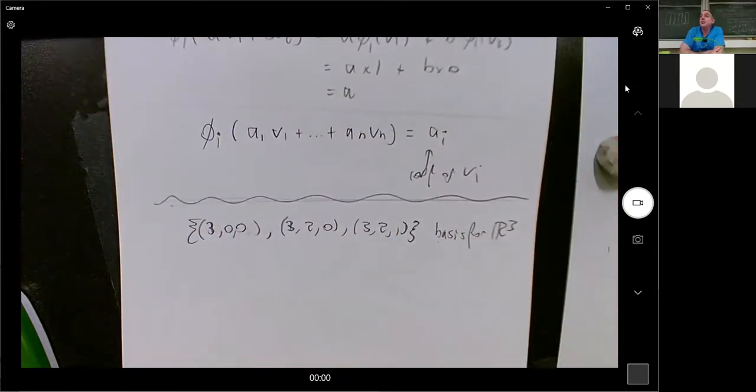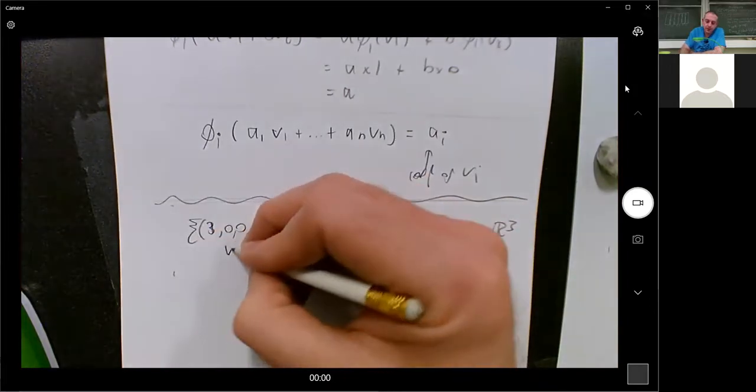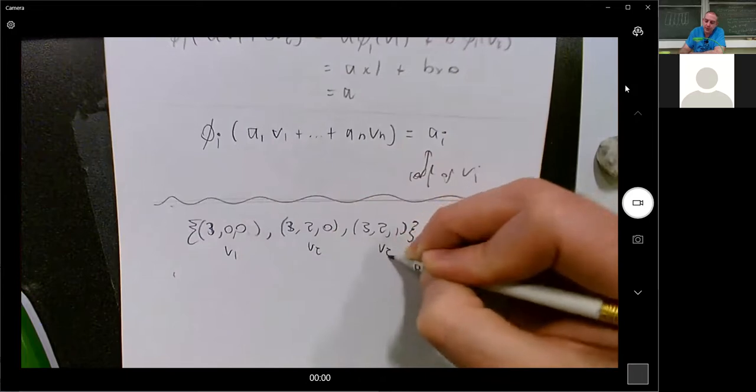So we're saying that we should be able to make a basis for R3 star as well. And so I'm going to make the function. So this is V1 and this is V2 and this is V3.